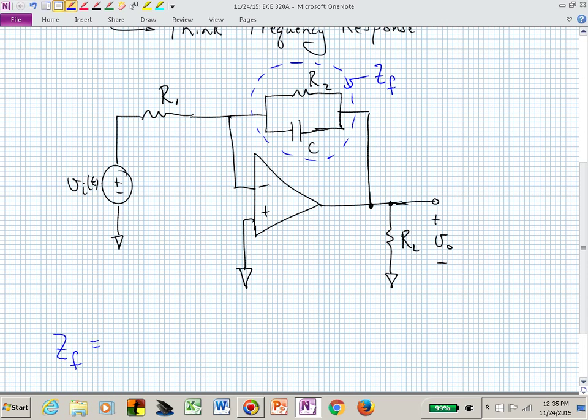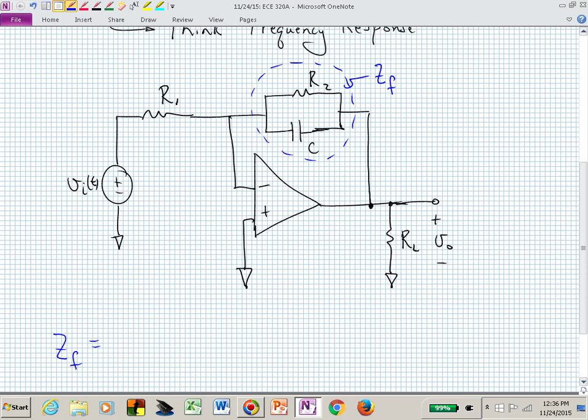And where is that feedback path going relative to the op-amp input terminals? Is this positive feedback? Is it negative feedback? It's negative feedback. It's trying to force those input terminals in the opposite direction to what the output is doing, and that gives us this negative correction, or negative feedback.